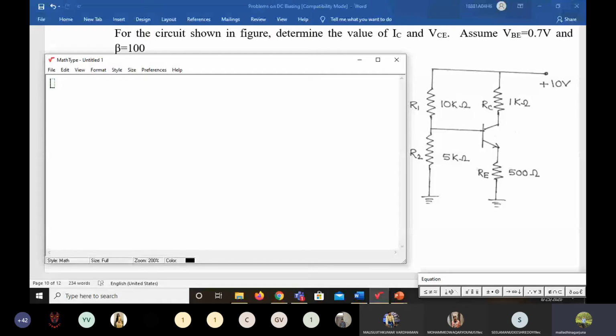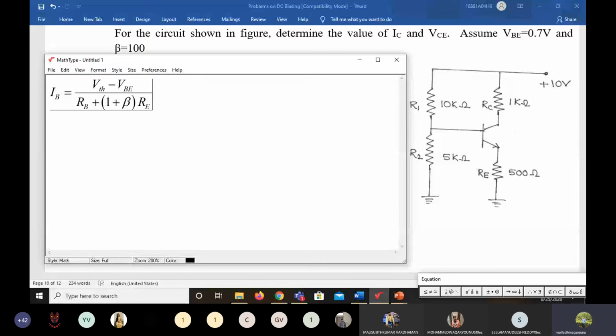Just go back and see what we have done, how we derived the operating point in the voltage divider bias network. There we got the relation IB is equal to V Thevenin minus VBE by RB plus 1 plus beta times RE.